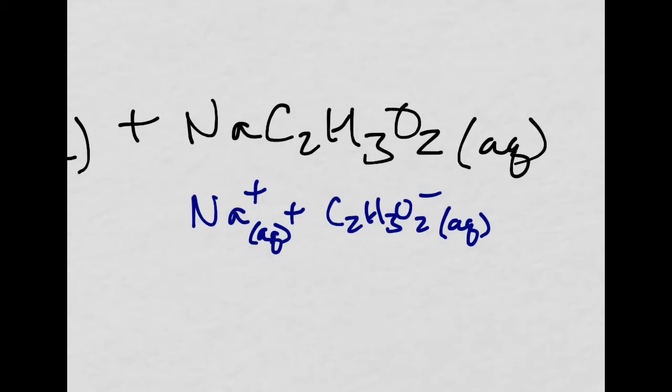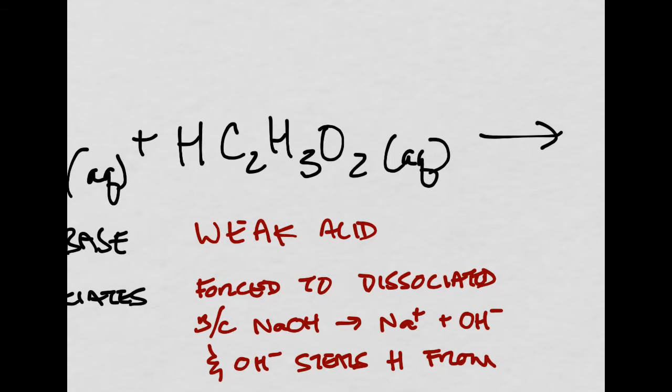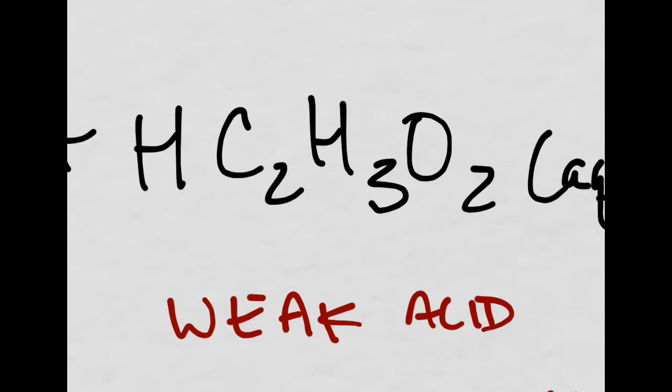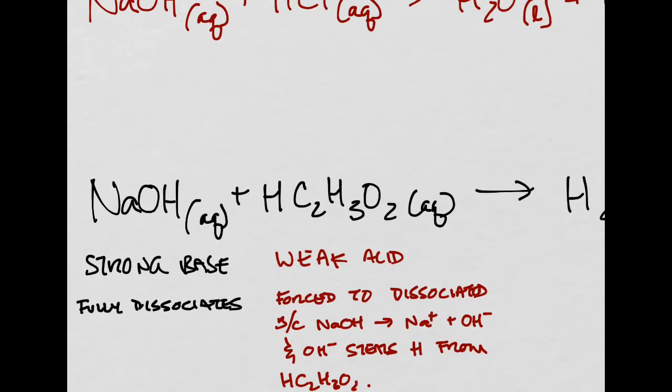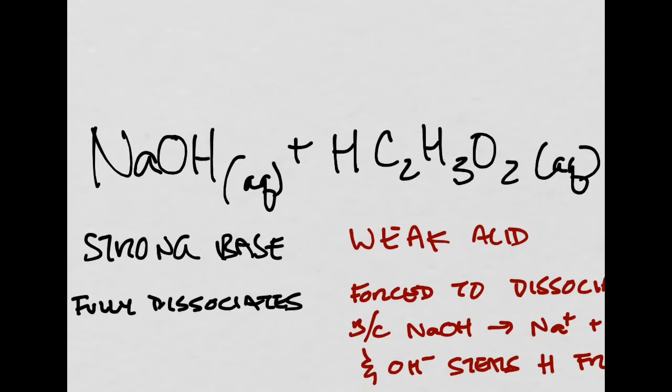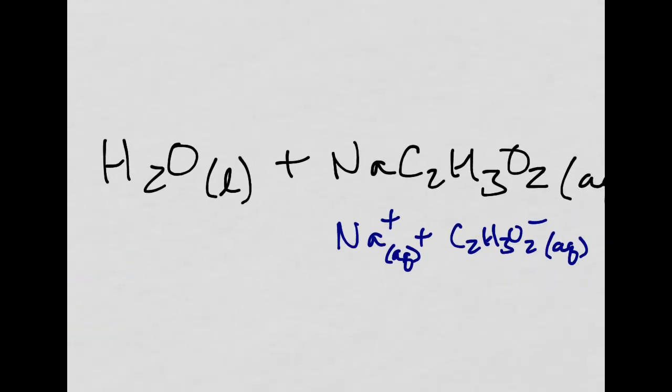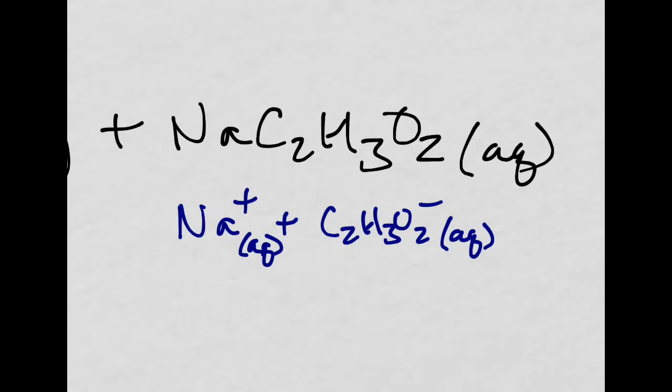It really wants to accept a proton and return back to this. It wants to form the acetic acid if it can. The problem is, as soon as it does that, if there's NaOH around, it's going to be busted apart and go back to forming this combination of ions. Get that into your brain, and make sure you understand that.